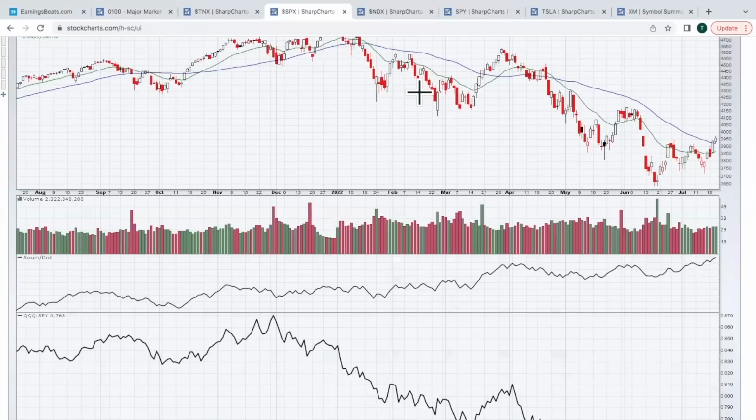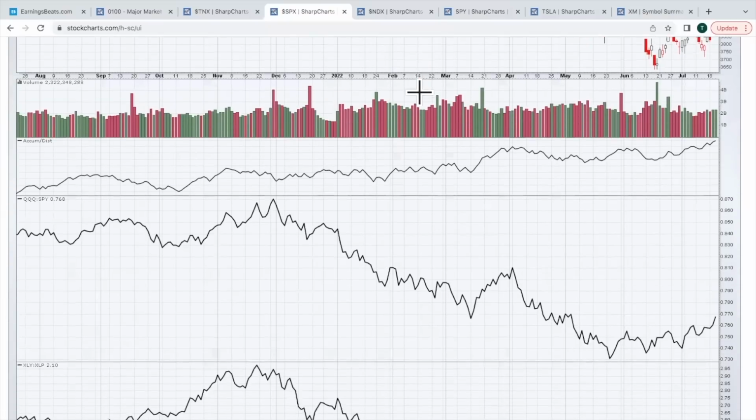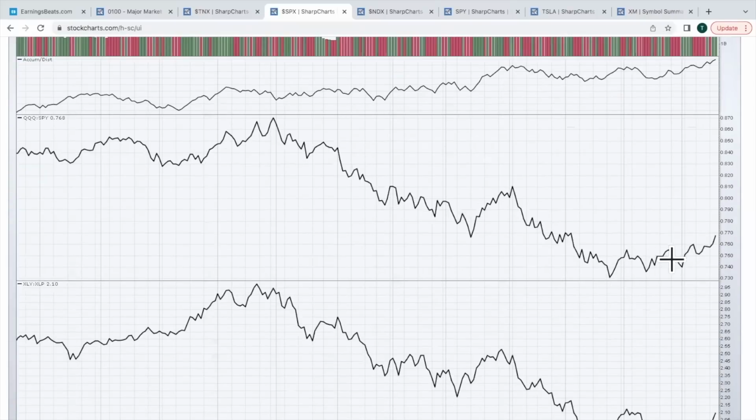Now, one thing I talked about was the sustainability ratios. Look at the QQQ versus the Spider. Normally in a bull market, the NASDAQ outperforms. That's what's happening right now, and it's been happening for almost 2 months. Since the top at the beginning of the year, we haven't had this kind of sustained move.